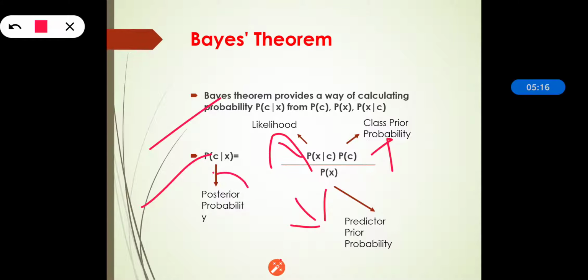We are calculating the posterior probability from the likelihood and class prior probability divided by the predictor prior probability. So this is the Bayes theorem.